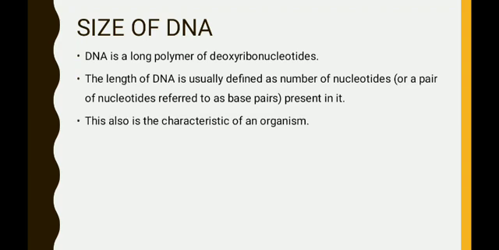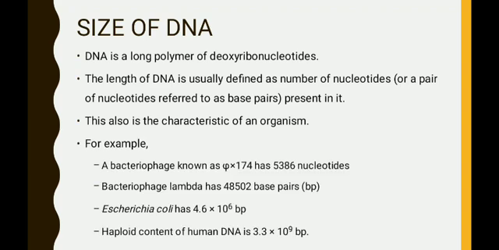This means the size of the DNA is also a characteristic feature of an organism. As I told earlier, the length of DNA is specific to the organism. So it becomes one of the characteristics of an organism. Some examples are given here.